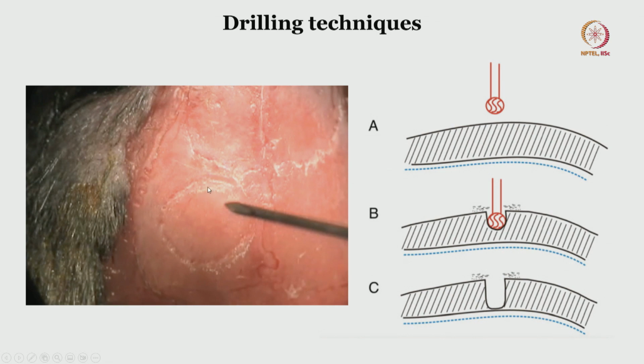There are different ways as to how the craniotomy can be performed, but the standard way of doing it is to make a groove along the line of the craniotomy. If this is your requirement for craniotomy, you don't make a burr hole straight in and then take a craniotomy.